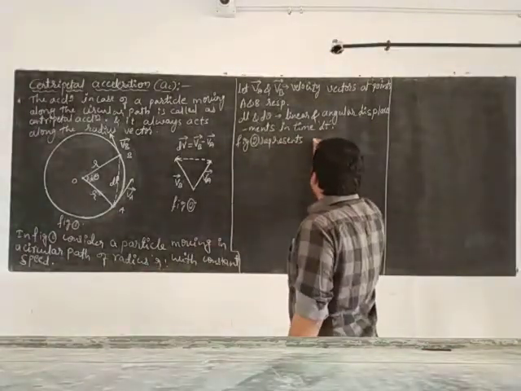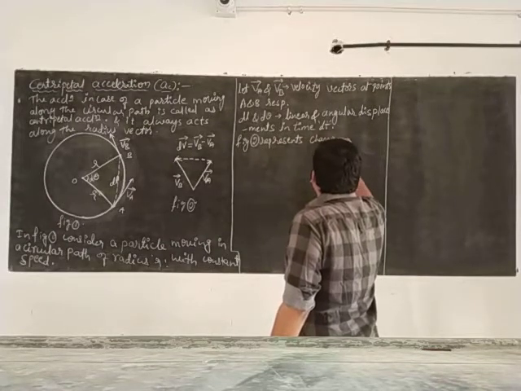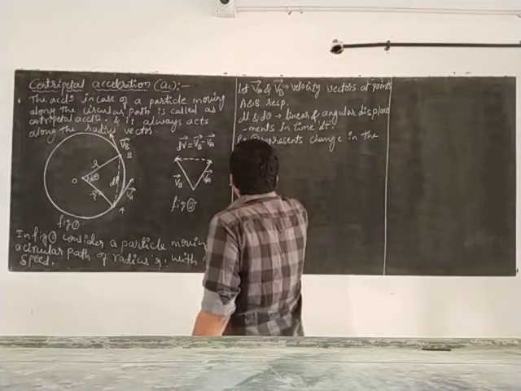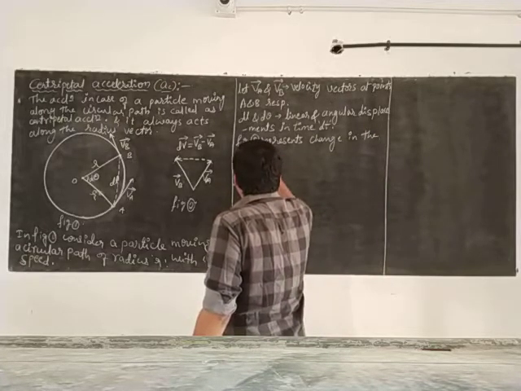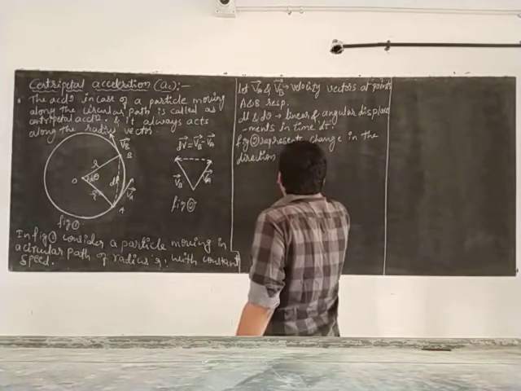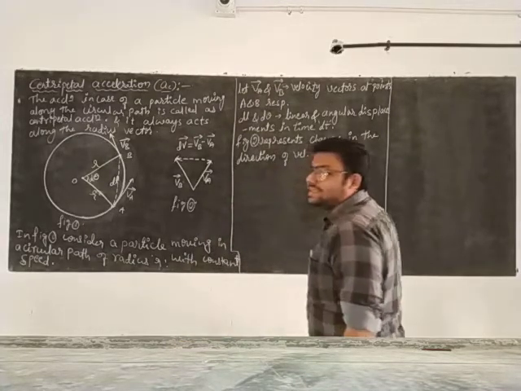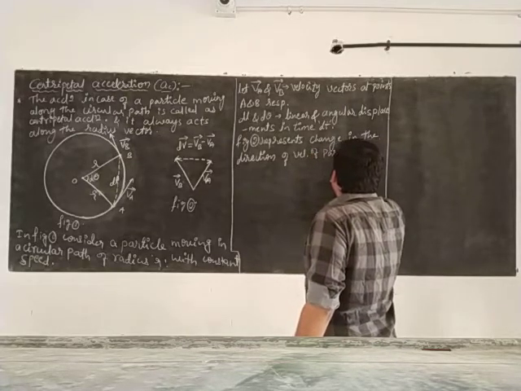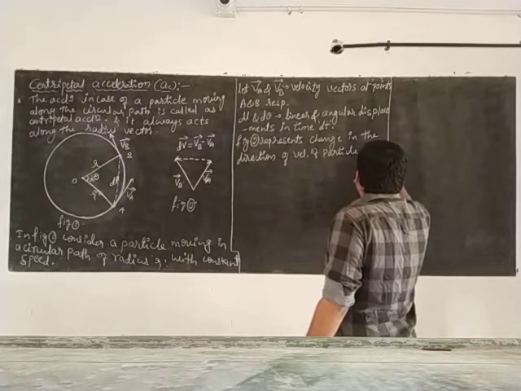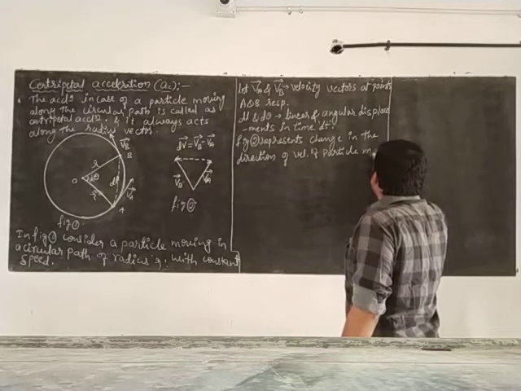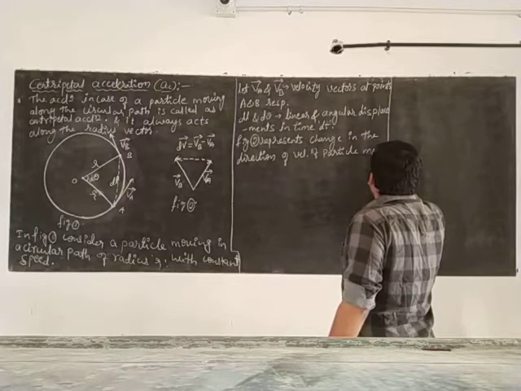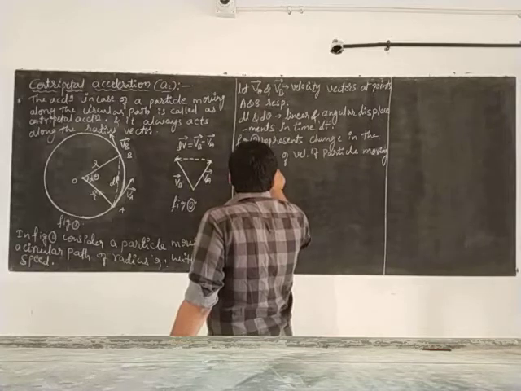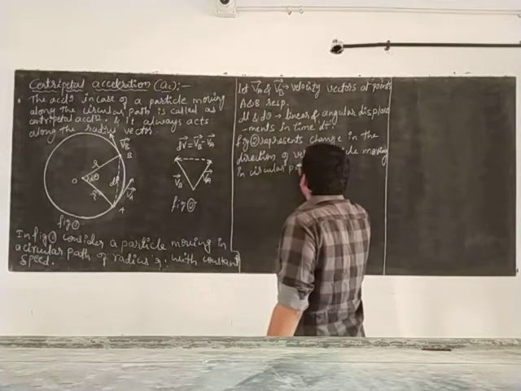So figure 2 represents change in the direction of velocity of a particle moving in a circular path.